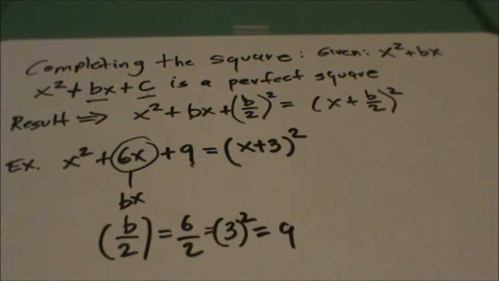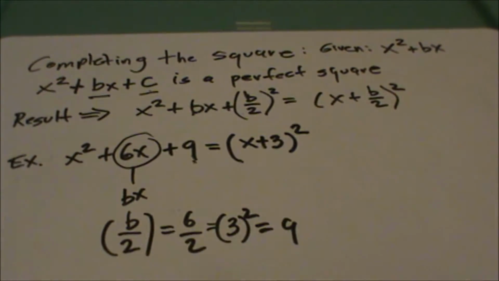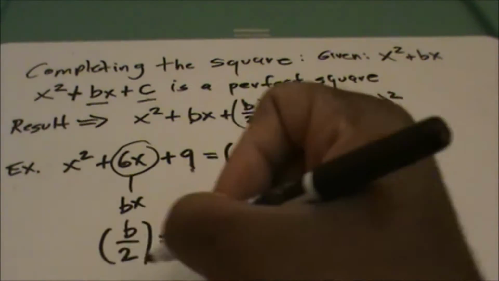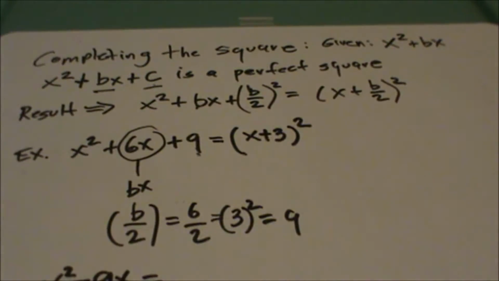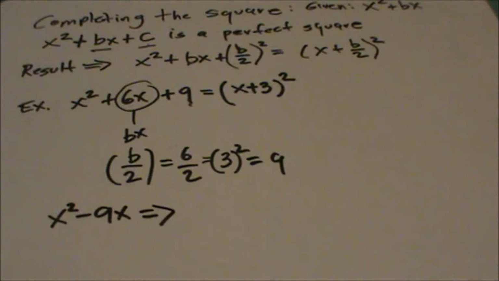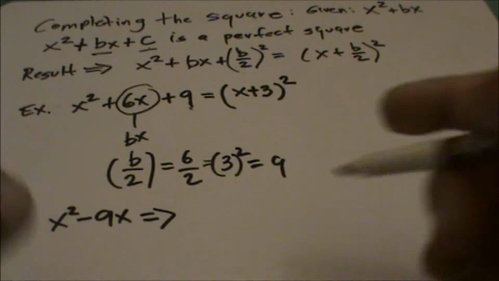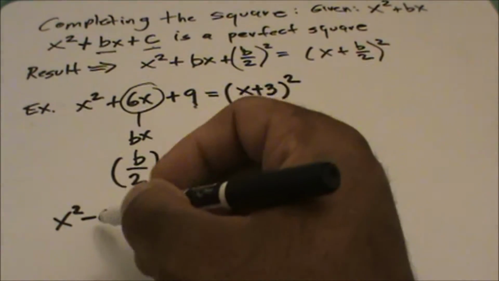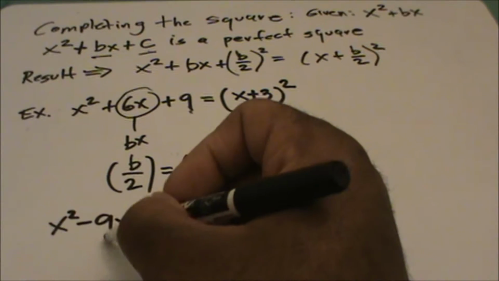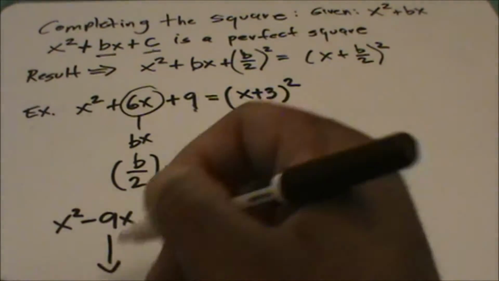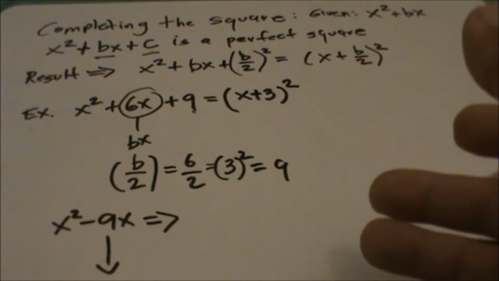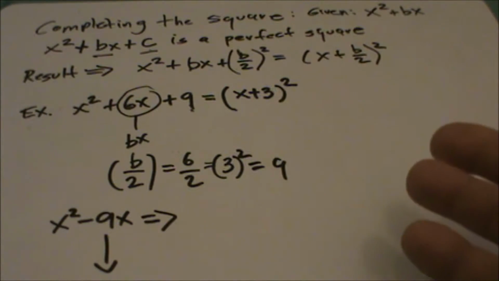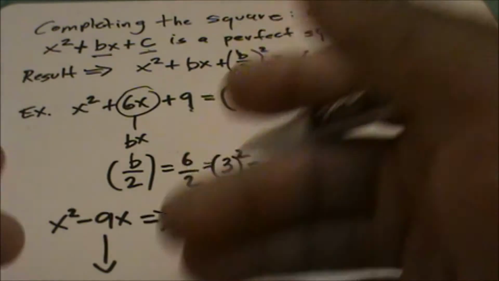All right, let's try another one. Let's try x squared minus 9x. I'll make the arrows to imply. Like before, this represents the b, and in order to complete the square, we take half of 9. Whether you take negative 9 or whichever the case, when you square it, it's always going to be a positive number for your c value.